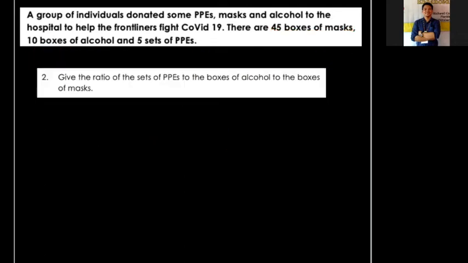Let's proceed to number 2. Given the ratio of the sets of PPEs to the boxes of alcohol to the boxes of masks, how do you write this in form of ratio? Since there are 45 boxes of masks, 10 boxes of alcohol, and 10 sets of PPE, our answer should show the number of sets of PPE first, which is 10.